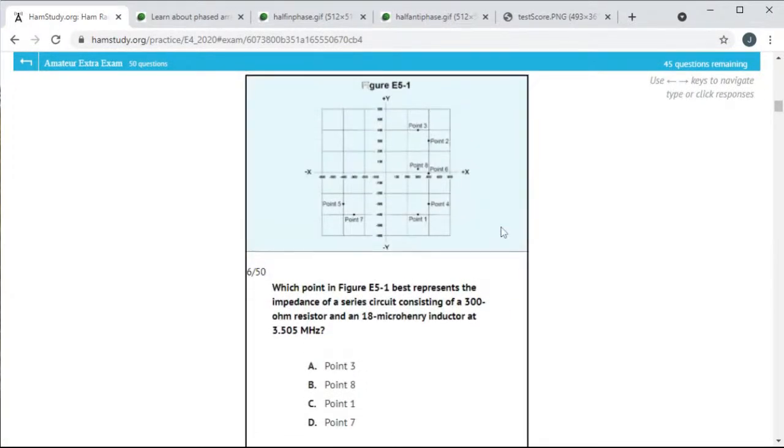Which point in figure E5-1 best represents the impedance of a series circuit consisting of a 300 ohm resistor and an 18 microhenry inductor at 3.505 megahertz?